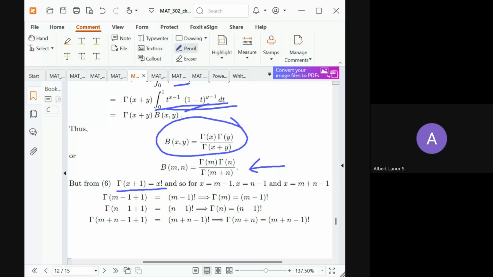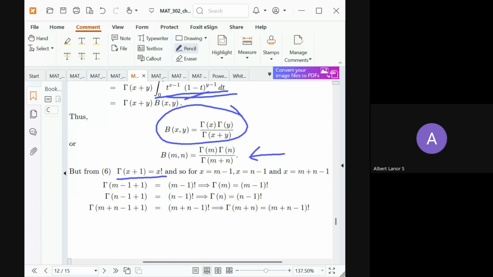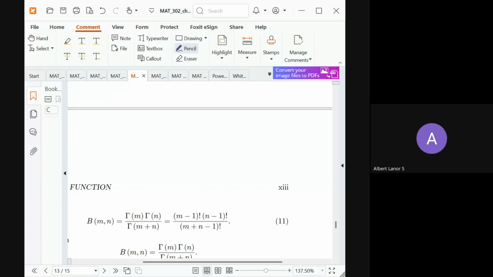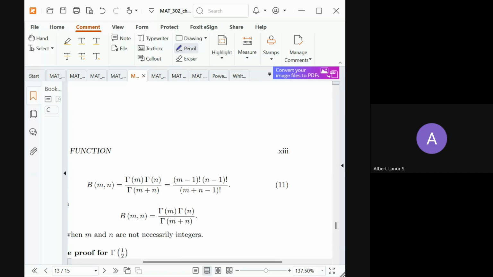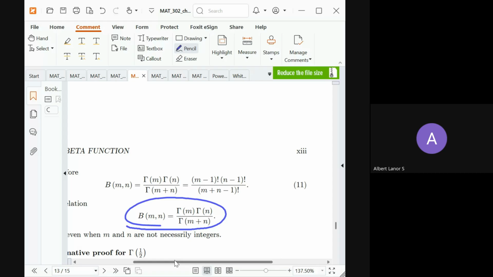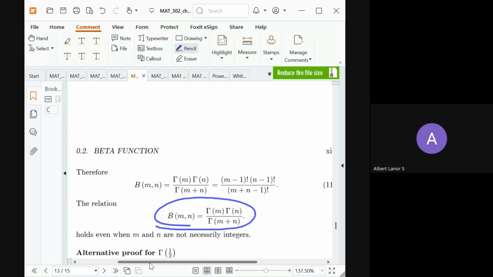Okay, so we can replace it back, and once you know the gamma function, you can equivalently also find the beta function of that. Now this holds even when m and n are not necessarily integers.